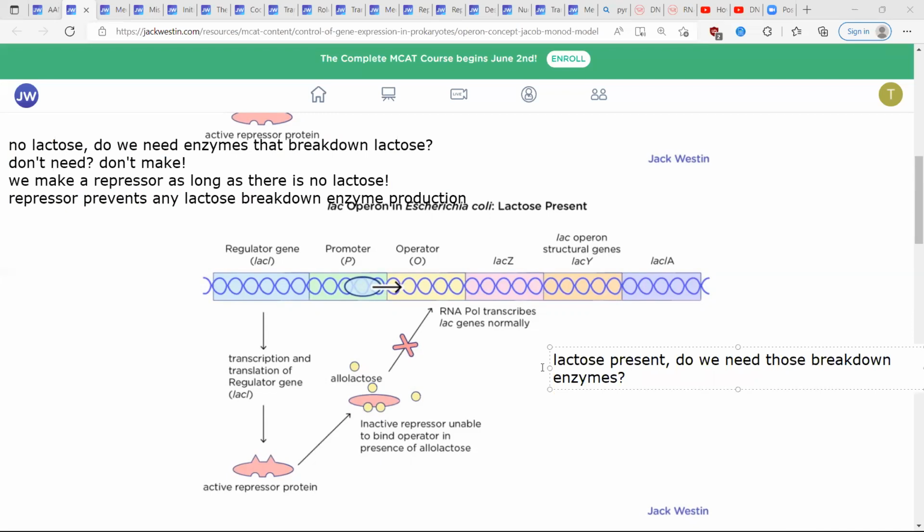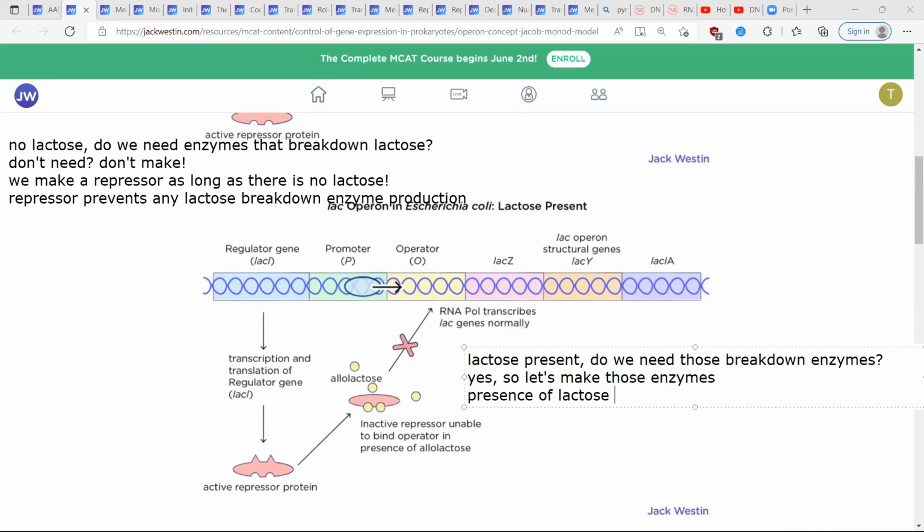Yes, we need those breakdown enzymes because we want to utilize that resource. So let's make those enzymes. How do we do that? What you can see here on the screen is when there's lactose present, the lactose binds to the repressor. Do you see the little yellow lactose molecules binding to the repressor? Presence of lactose inactivates the repressor.